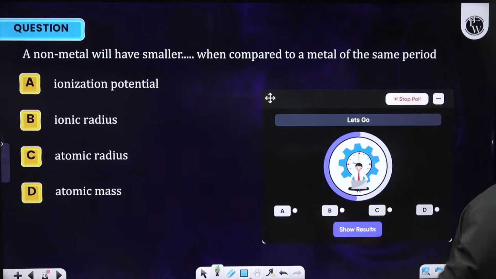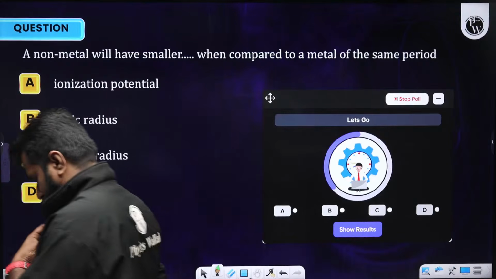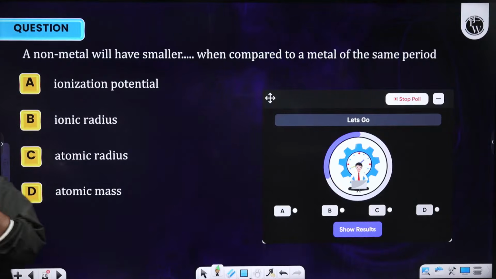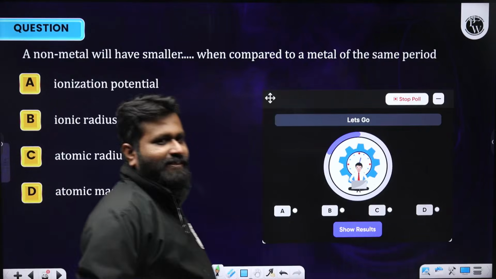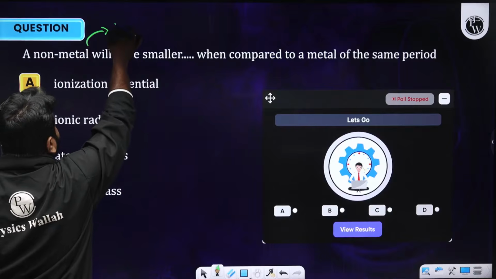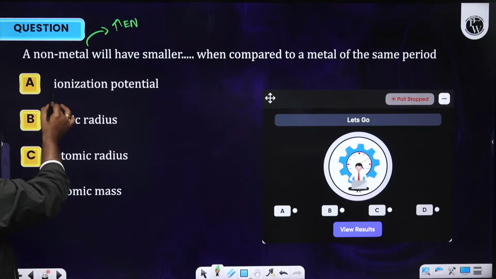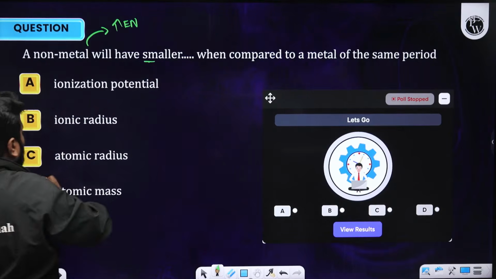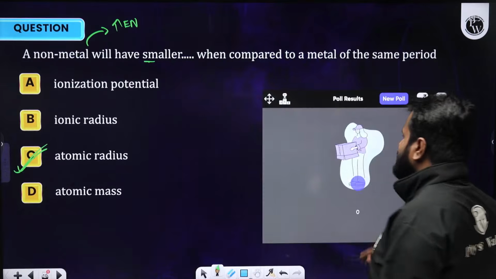A non-metal will have smaller ionization potential? Non-metal means greater electronegativity. It has a greater tendency to accept an electron, so it is difficult to remove. No, higher ionization potential. They are asking smaller. So what is the answer? Option C.